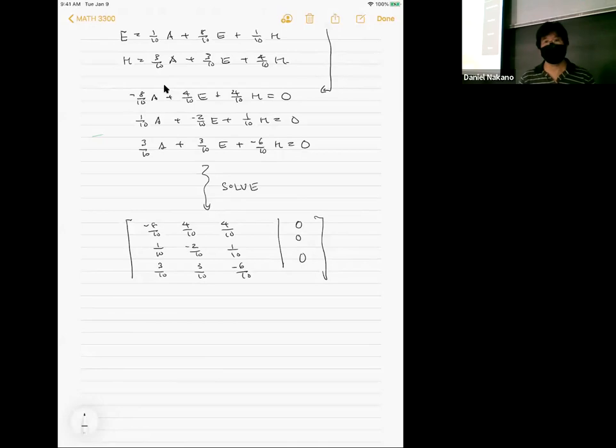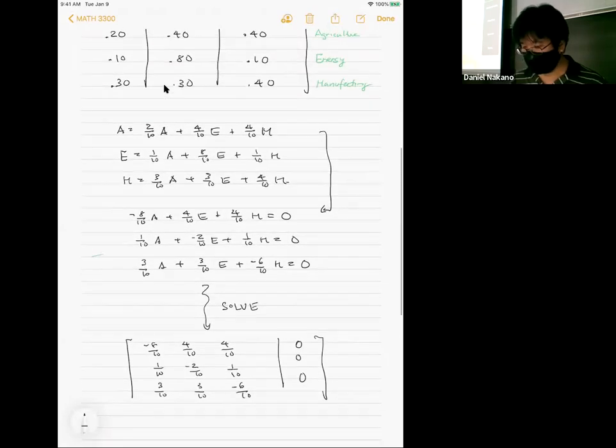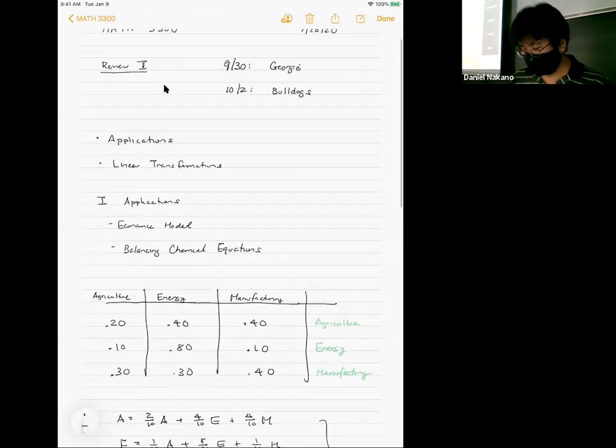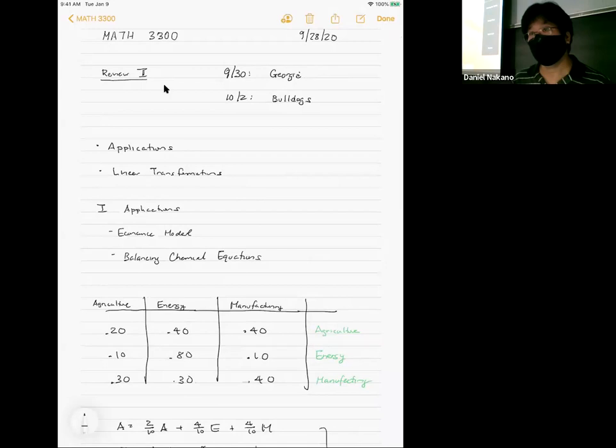You can solve using Gaussian elimination. You should go over an economic model or two, something from your homework would be good, and you should know how to do problems involving economic models.